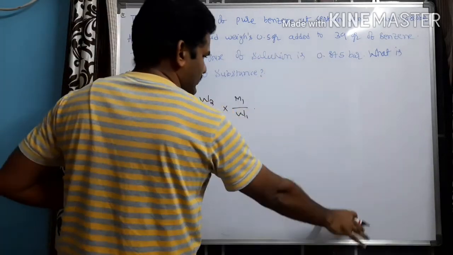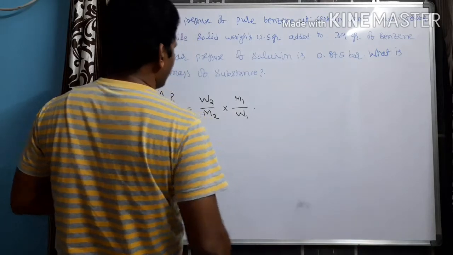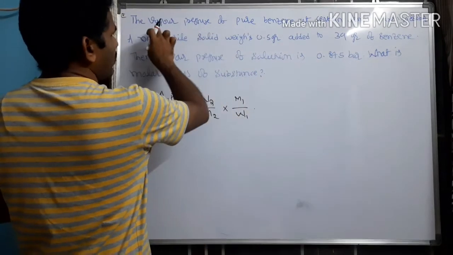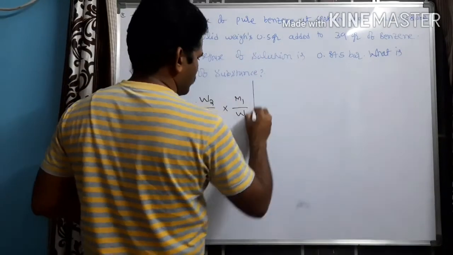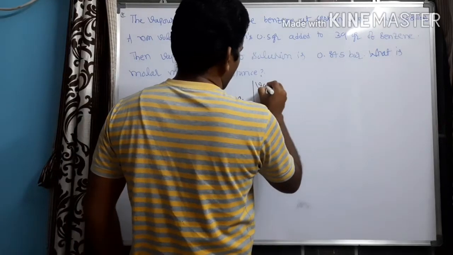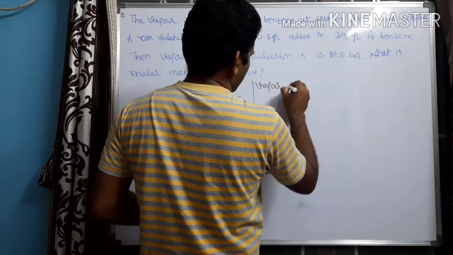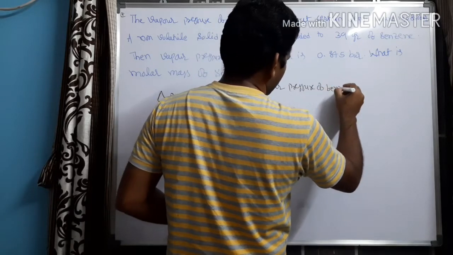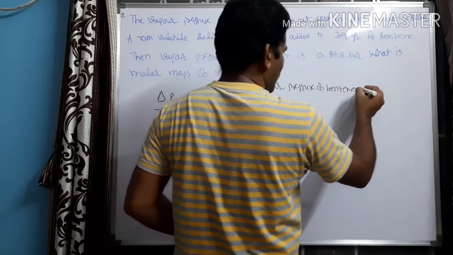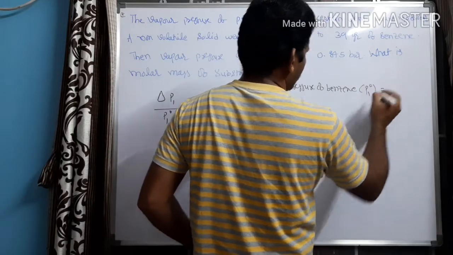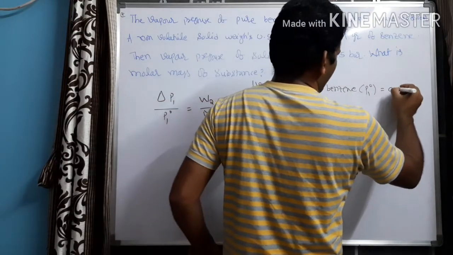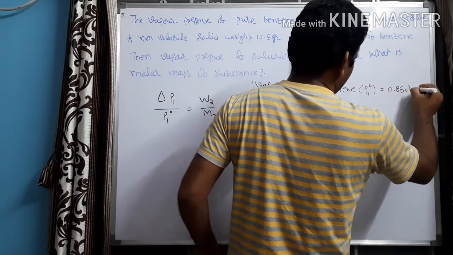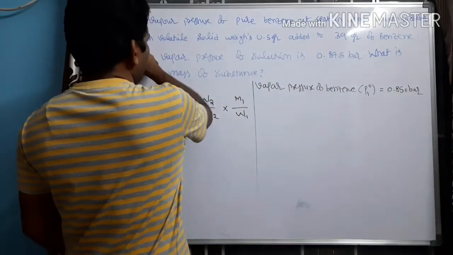First, let us write the given things here. The vapor pressure of pure benzene is given as P1 naught, which is 0.850 bar. And then what is given?